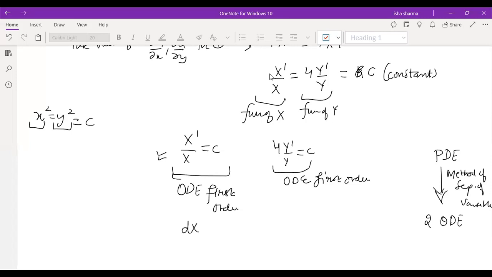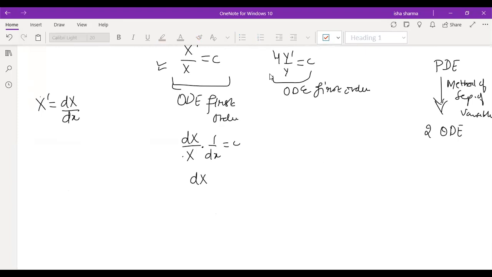So this is basically dX by X. What is X dash actually? X dash is dX by dx, the derivative taken with respect to x. So dX by X times 1 by dx is equal to c, which way you will be getting dX by X is equal to c dx, and now you integrate both sides, so log of X is equal to c x, plus you will be getting another arbitrary constant.